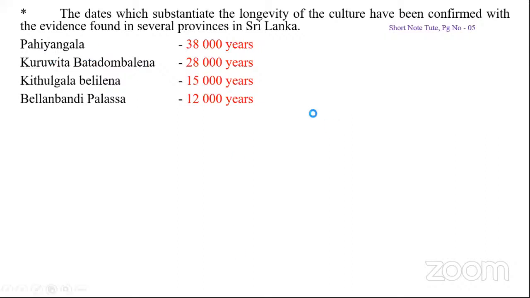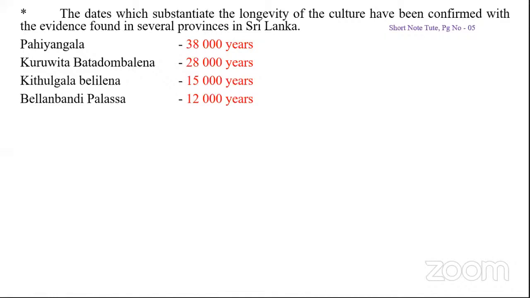So that is the oldest place in Sri Lanka. So you have to write the answer like this: 38,000 years, Pahiyangala. Kuruwita Batadombalena, the soil layer where we find evidences about the Stone Age man is how many years old? It is 28,000 years old. Kitulgala Belilena, 15,000 years. Bellanbendi Palassa, 12,000 years.